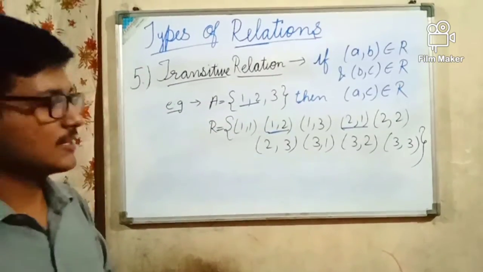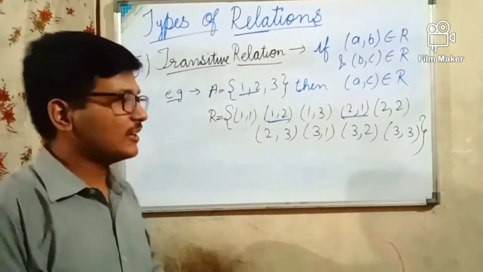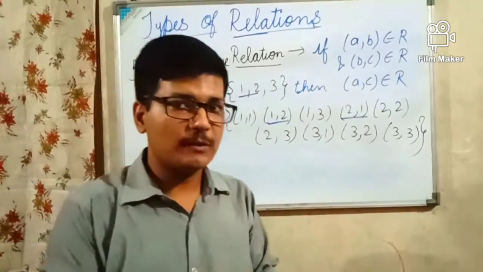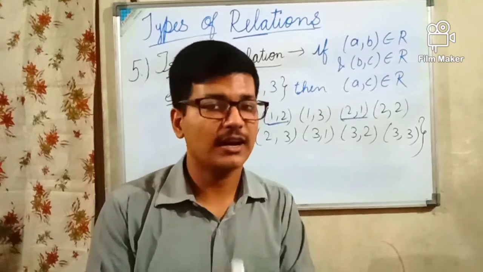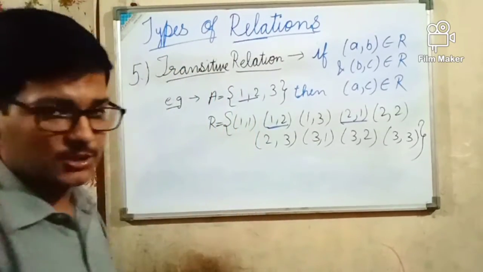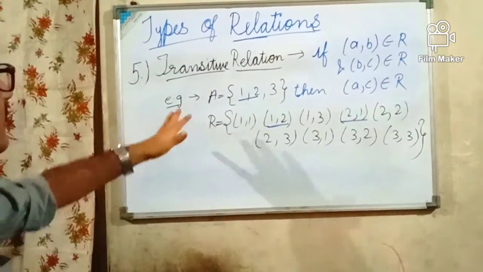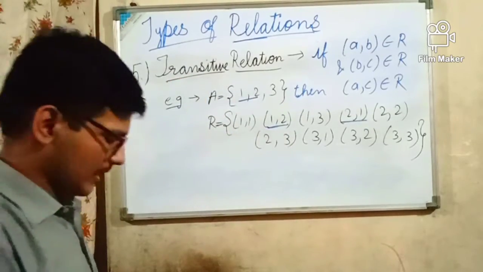Fifth one is transitive relation. जैसे हमने सिमेट्रिक में किया था कि if (a, b) belongs to R, then (b, a) should also belong to R. अगर ऐसा होता है तो that relation is known as symmetric relation. Similarly, transitive relation में क्या है?